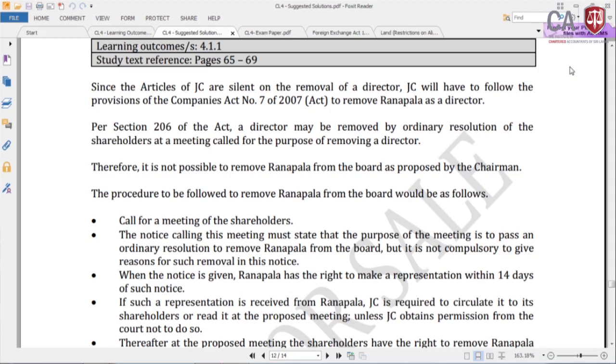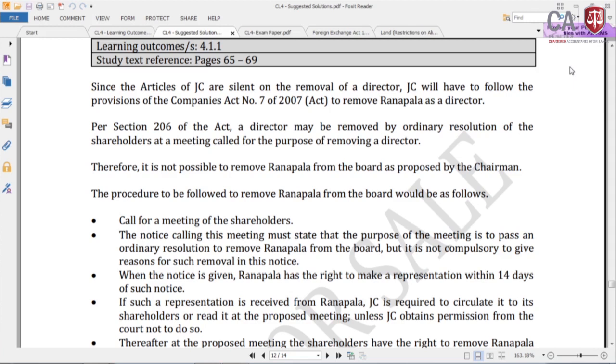How to remove? Call for a meeting of the shareholders. The notice calling this meeting must state that the purpose of the meeting is to pass an ordinary resolution to remove Ranapala from the board, but it is not compulsory to give reasons for such removal in this notice. When the notice is given, Ranapala has the right to make representation within 14 days of such notice.